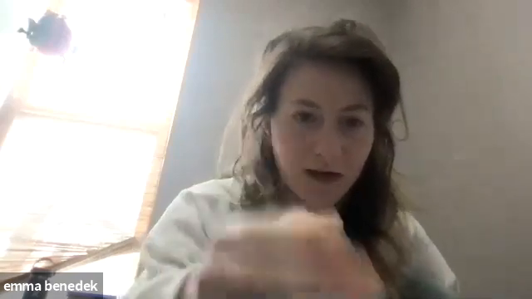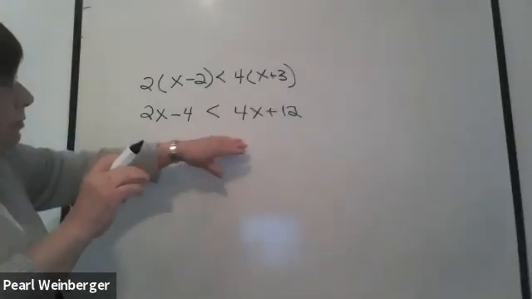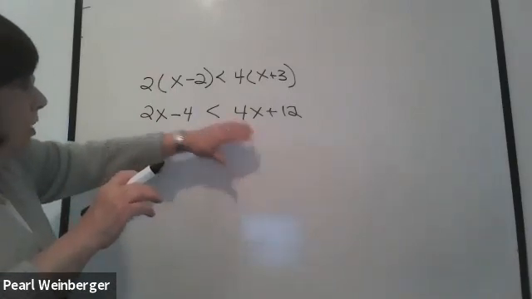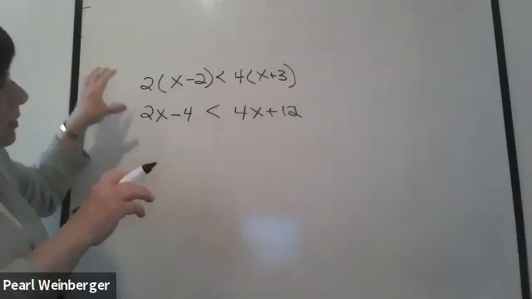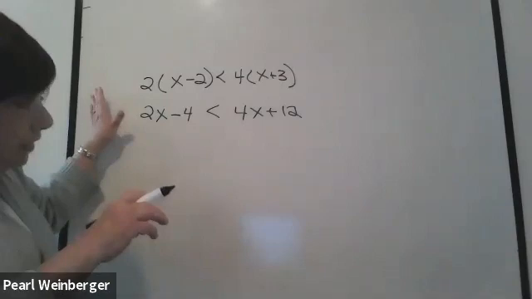The next step is to isolate. You've got to get the x on the left side and the value on the right side. So it's extremely important when you're solving an inequality that you end up with the x's on the left side.